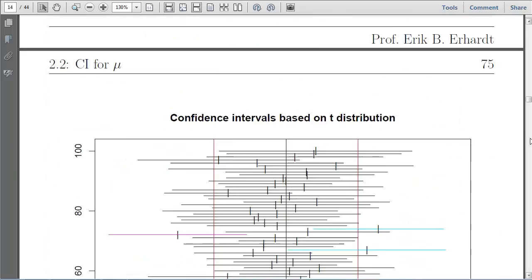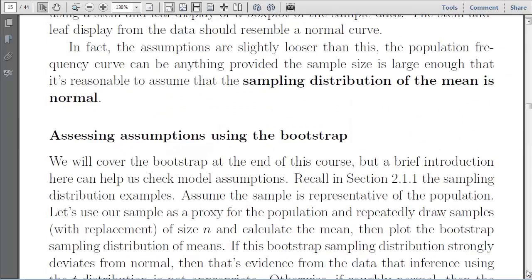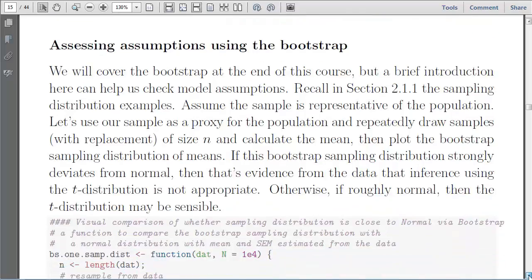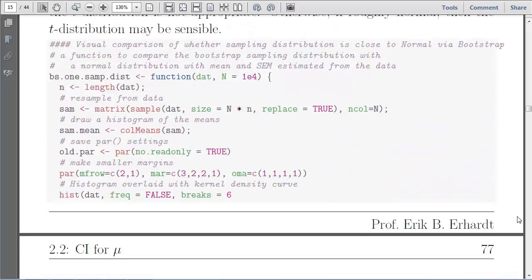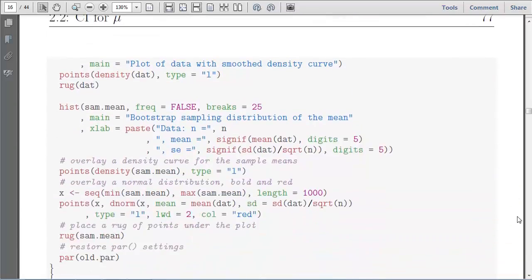And so that is what the code that I've written here does. For a one sample case, it calculates the sampling distribution using the bootstrap. That's how I've named this function. And the function is pretty well commented if you want to learn how this works.